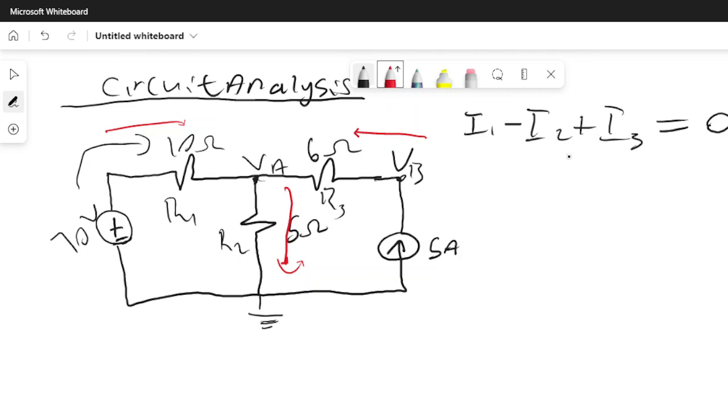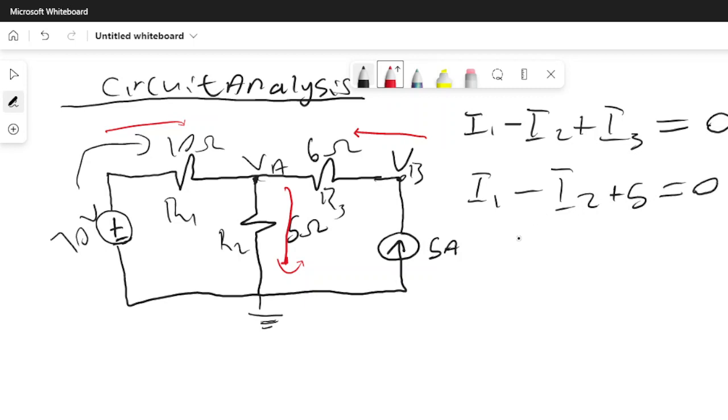But now I know the value of current I3 because it's 5 amperes. So I have I1 minus I2, and since I know that this one is 5, I can just say plus 5 equals 0.